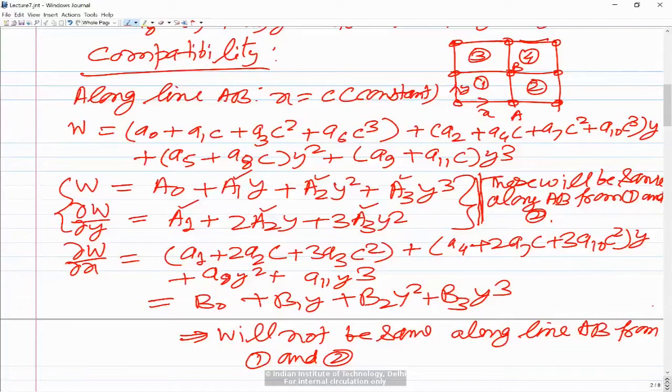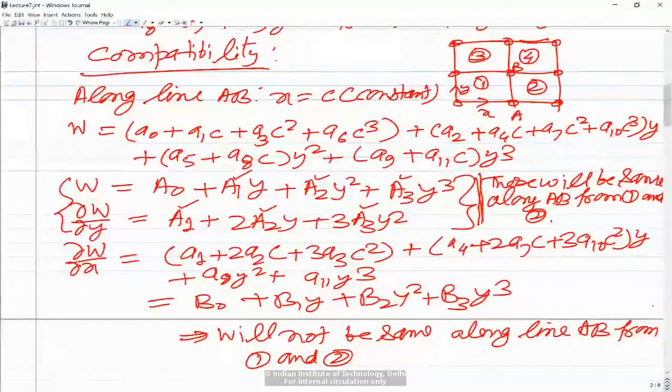That is how I am saying that W and del W by del y would be continuous across elements along line AB. But when you look at del W by del x, that is also cubic and it involves four constants. But now we are left with only del W by del x at A and B. So these are only two values, whereas we have four constants.